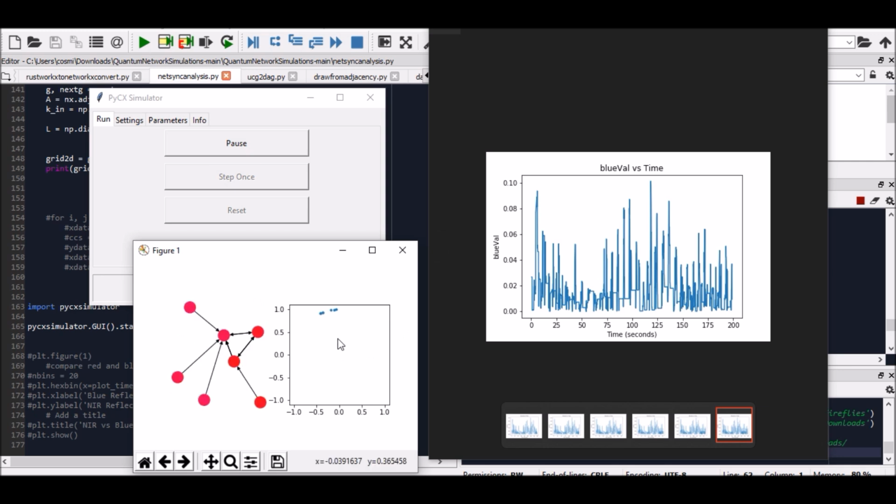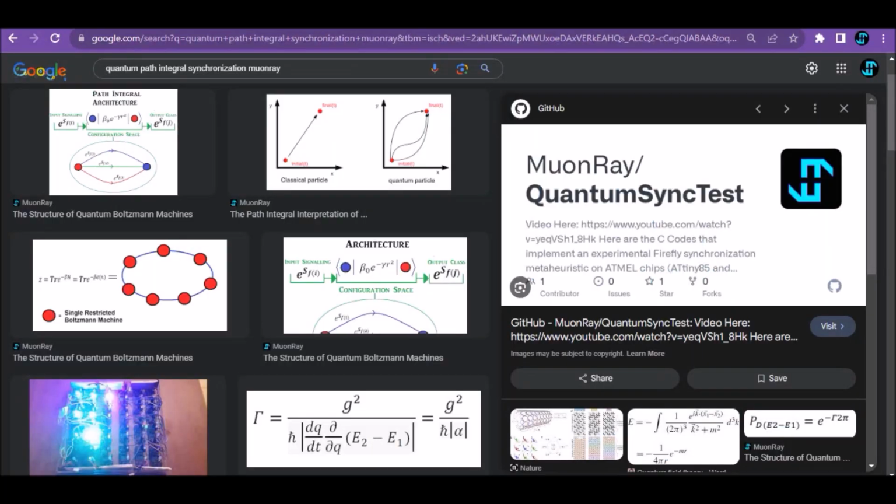So it is very interesting to me that this forms a tentative bridge between complex quantum networks and classical metaheuristic synchronization. And this is something that I have written about on my blog a few years ago.